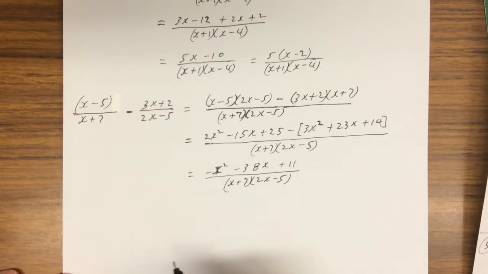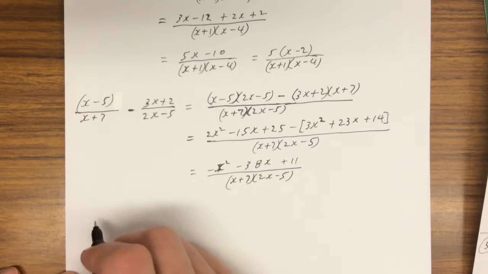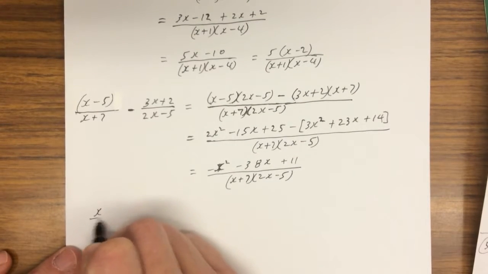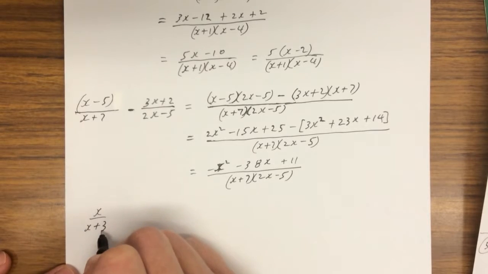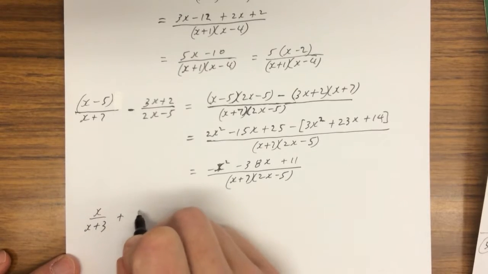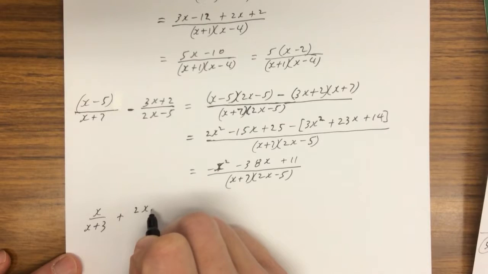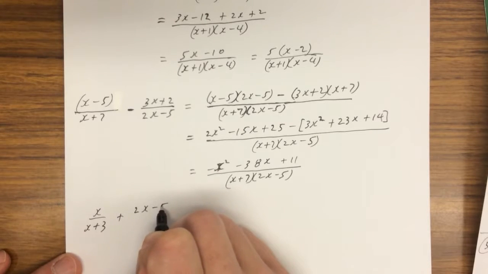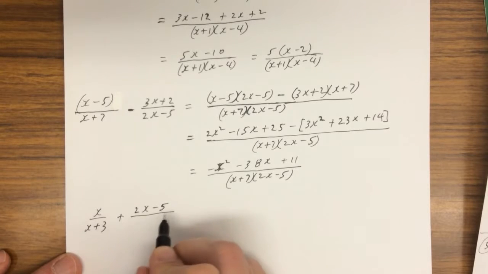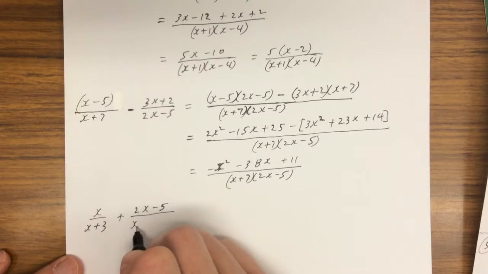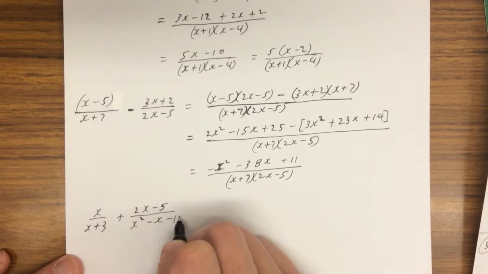Okay, so what about this one here? How about x over x plus 3 plus 2x minus 5 over x squared minus x minus 12.